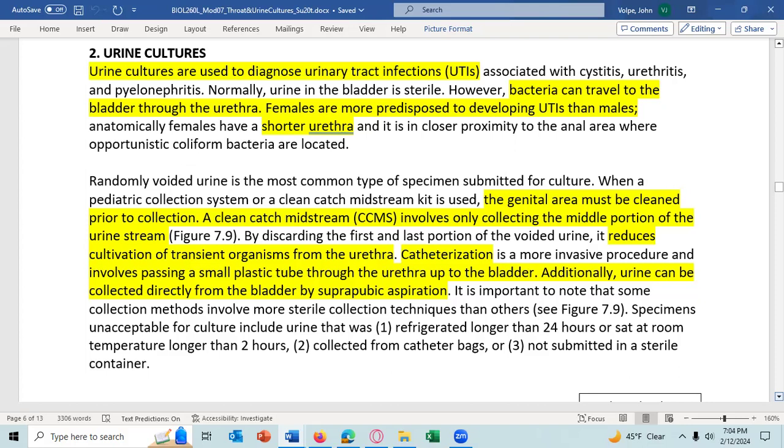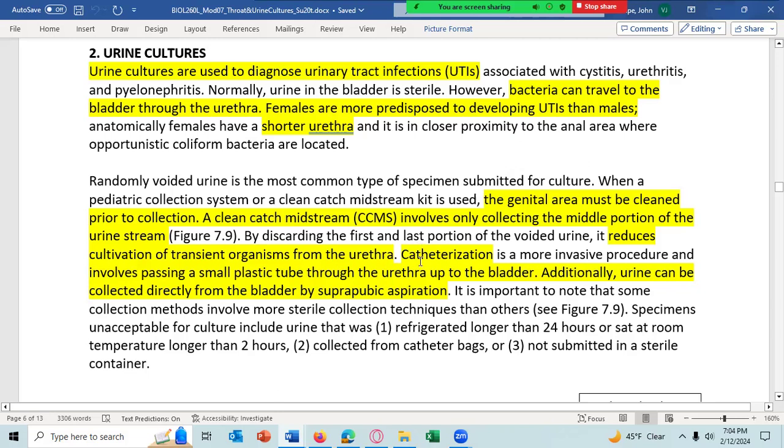This is the way patients prefer to give it. There is some bacteria that will come from the urethra and then contaminate the urine, meaning the urethra does have bacteria in it, and we generally just do the clean midstream, and the patient prefers that, but you can put a catheter up the urethra and then sample the bladder.